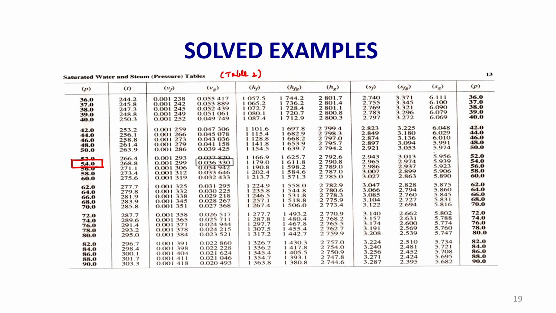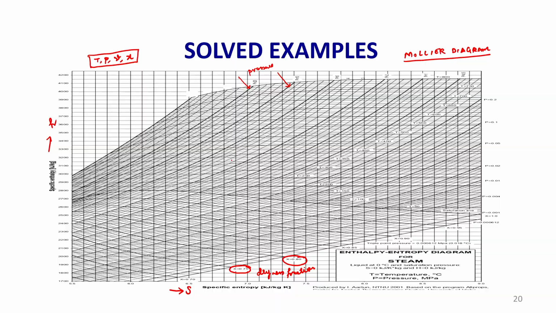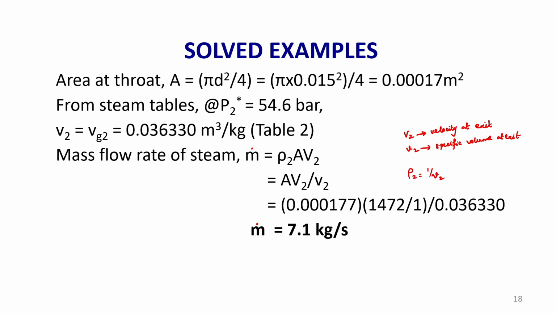Corresponding to 54, this is table number 2, saturated water and steam, because I need to know the specific volume of this gas. This is the value I have taken, 0.036330, so 0.036 meter cube per kg.